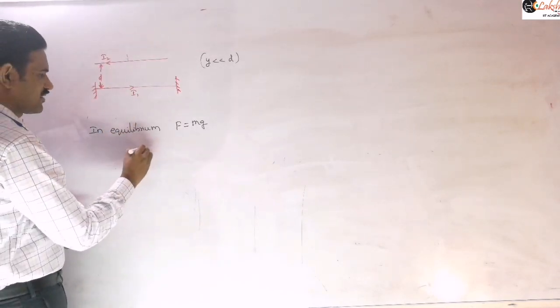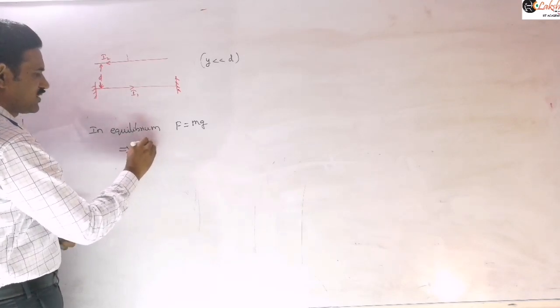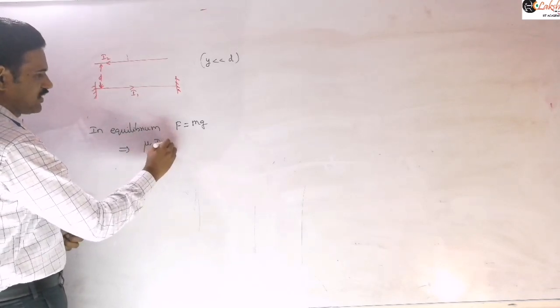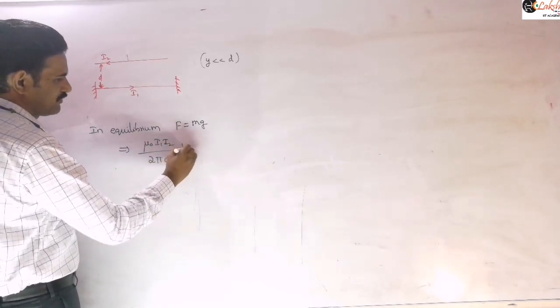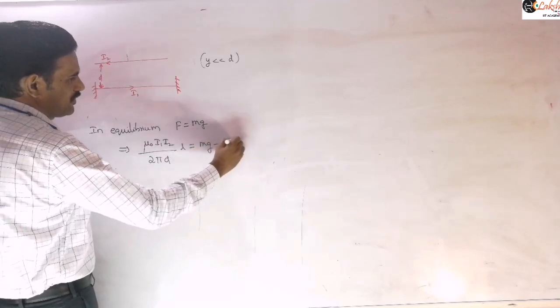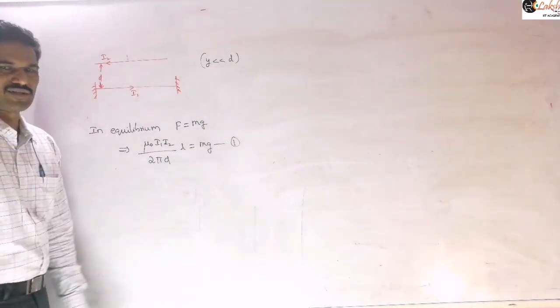F is given by mu naught I1 I2 by 2 pi d into L, and this is equal to m into g. Let's suppose this is our equation 1.